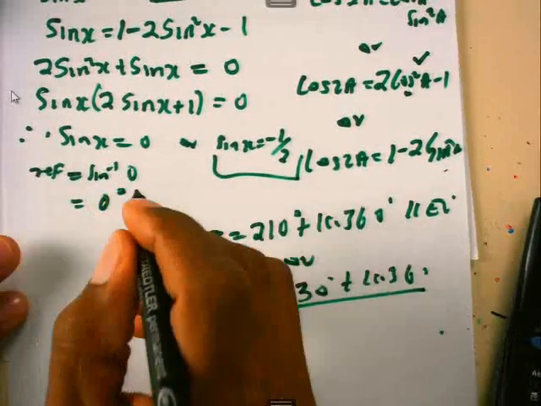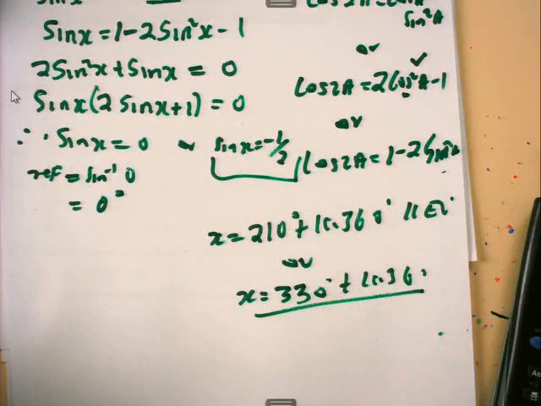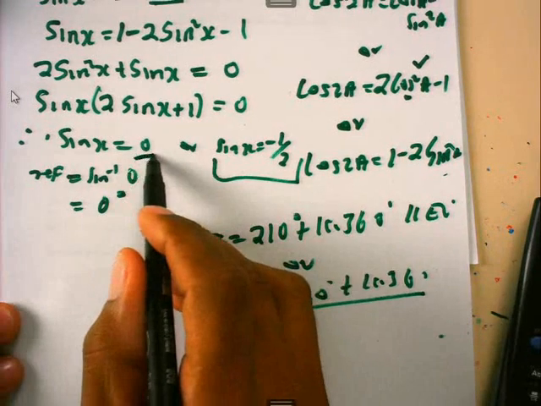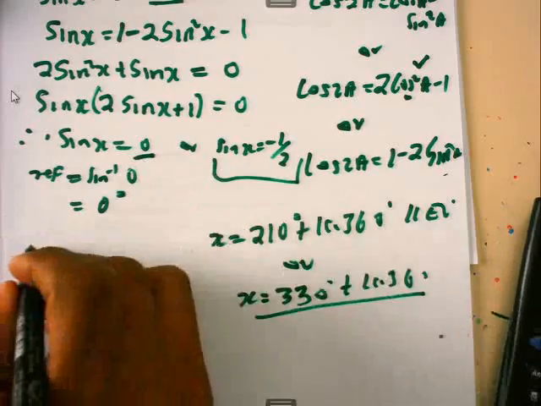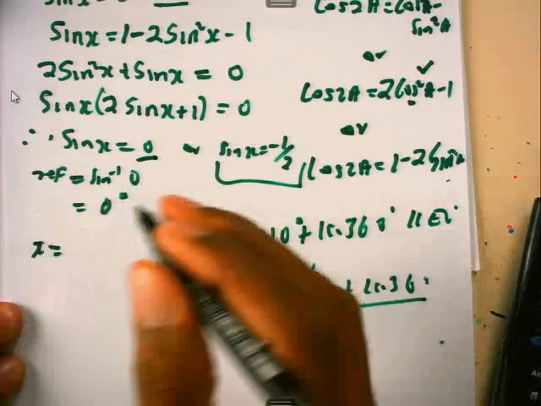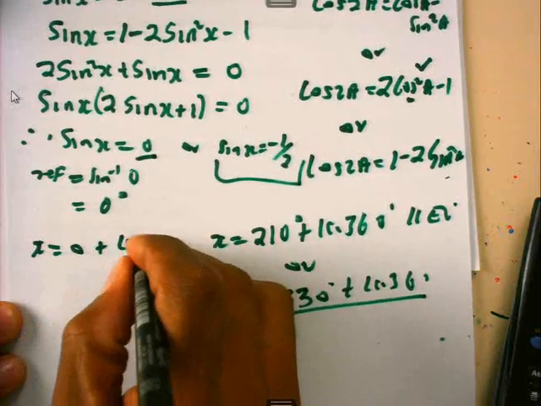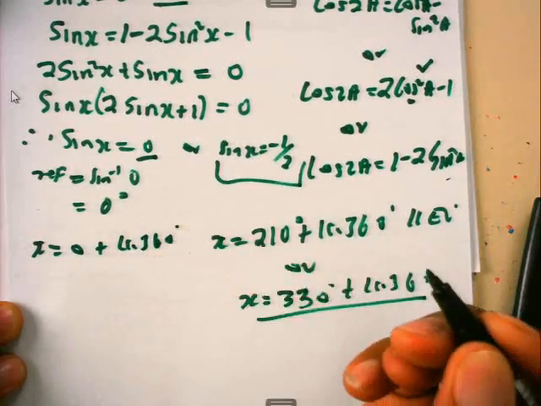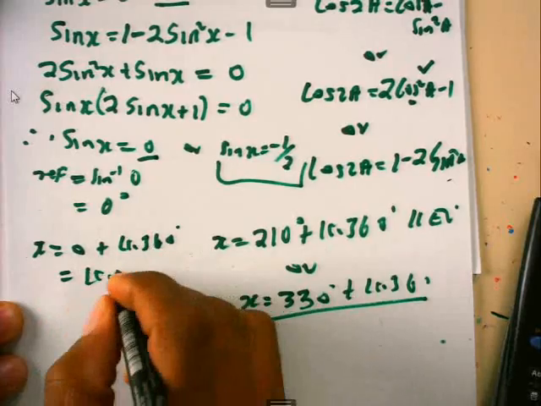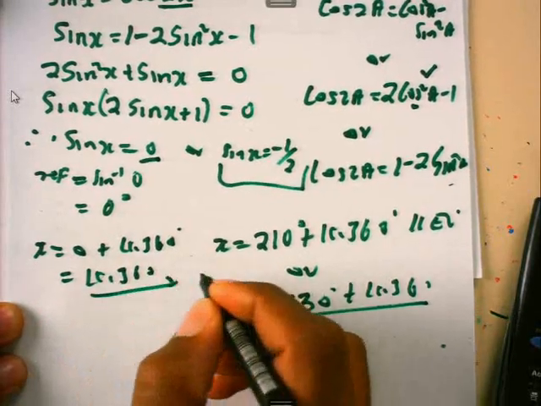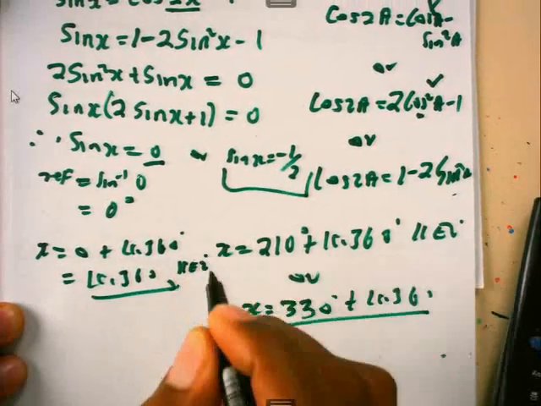It means what we have here is 0. Now, in which quadrant is sine positive? That is the first. Then it means x is equal to 0 plus k times 360 degrees, where k is an element of the integers.